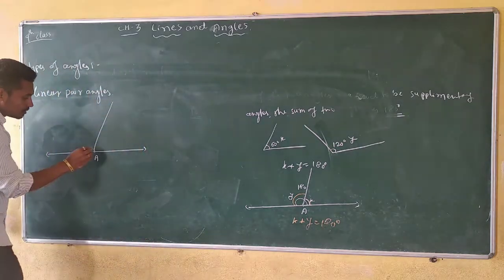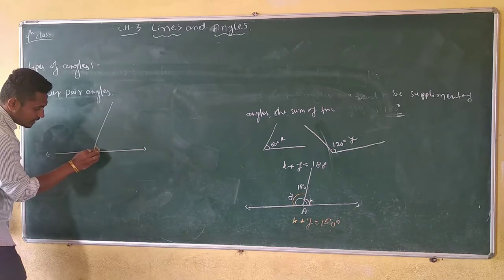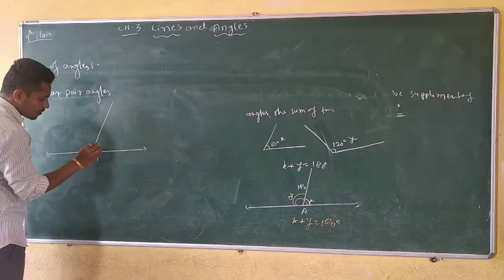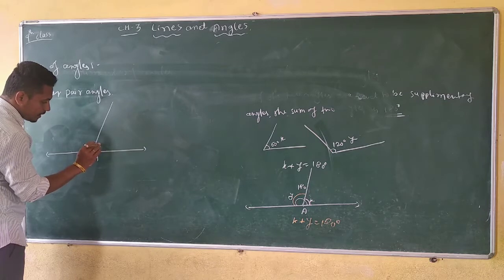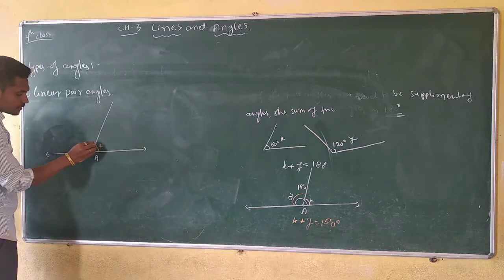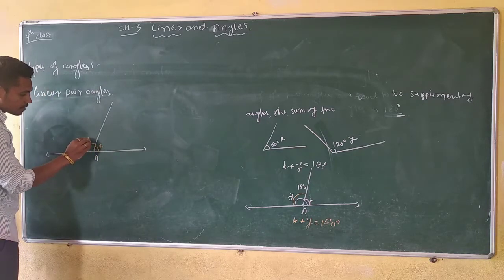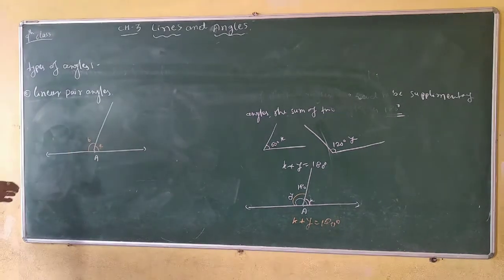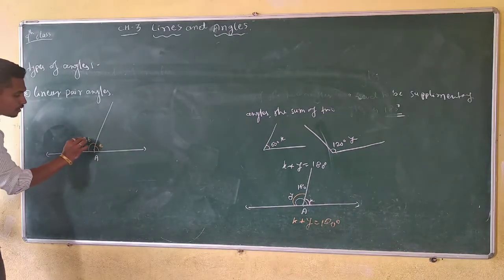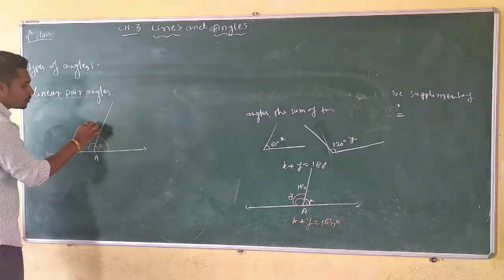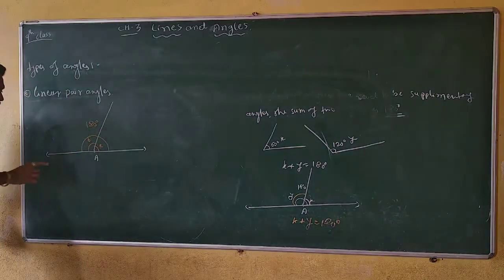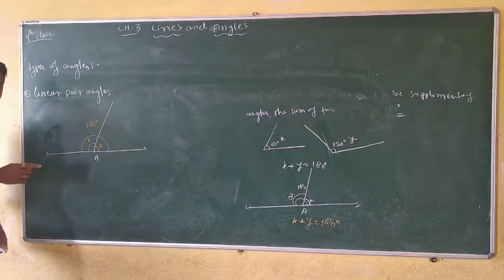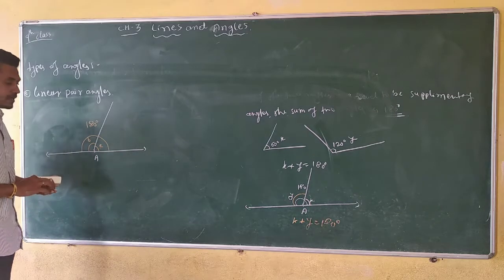Next, this angle is called A and this angle is called B. Angle A and angle B together measure 180 degrees, because this whole angle is a straight line angle. Is it right?